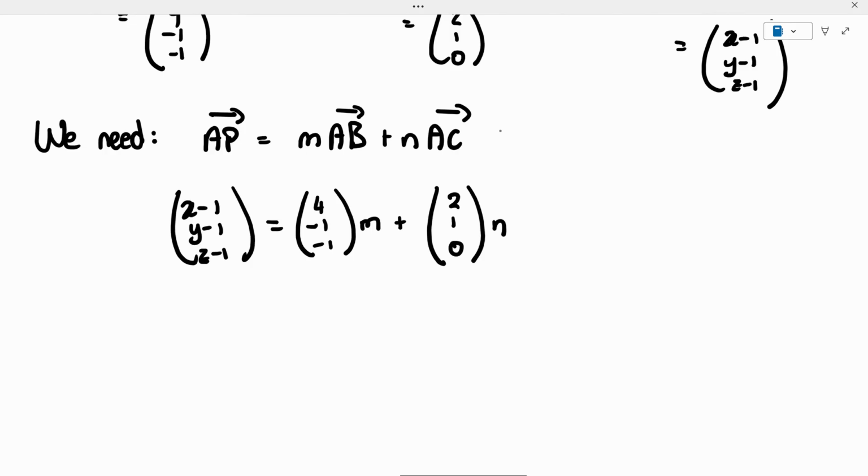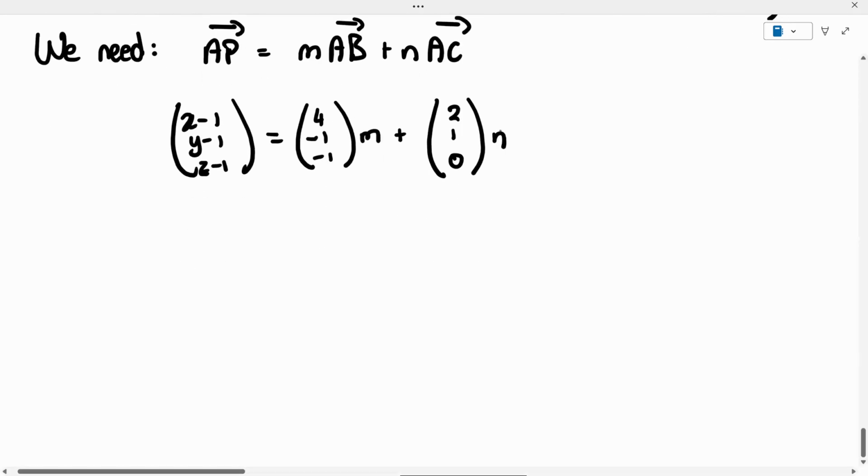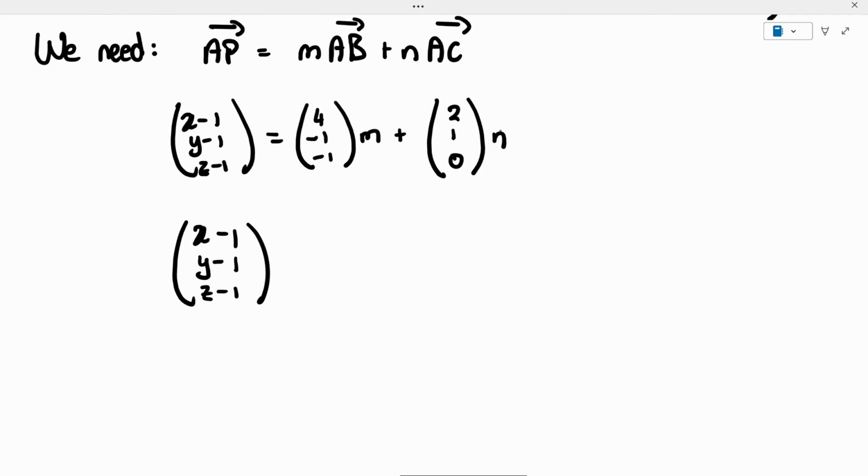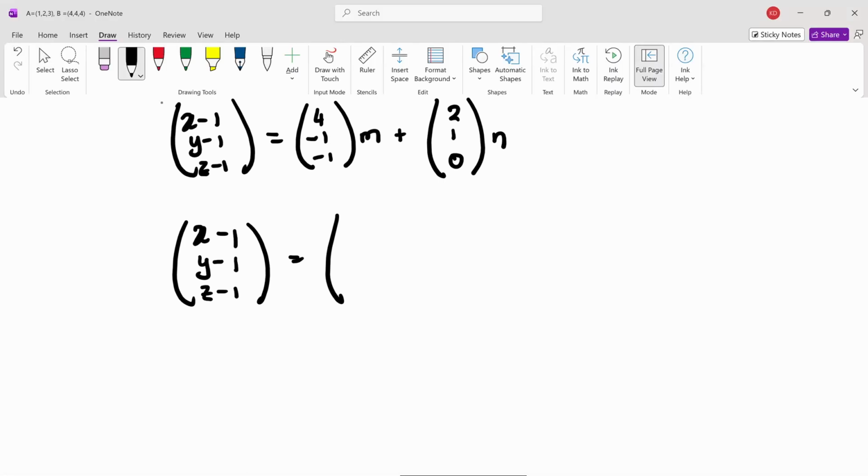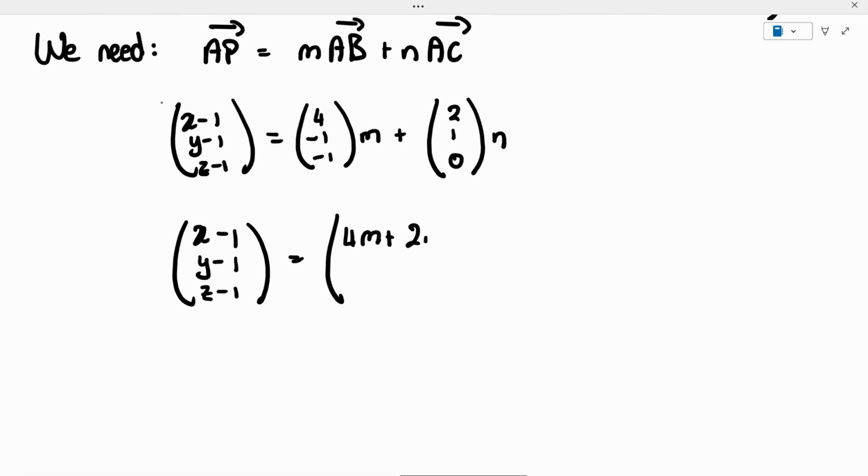Okay. So let's try to write this as a system of equations. What does that mean? First things first, let's write it as x minus 1, y minus 1, z minus 1. And let's combine these two vectors here. So we have 4m plus 2n, minus m plus n, and then minus m.